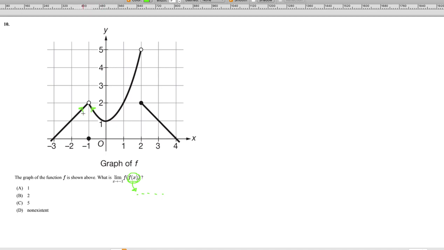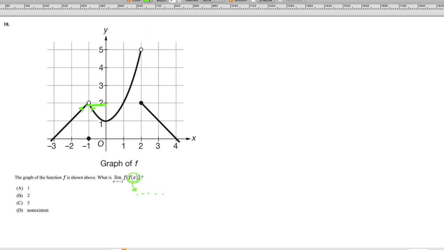Now, from the left, I'm getting closer and closer to 2, but from beneath 2. These values are staying beneath 2. And the same is true as I get closer and closer to -1 from the right.